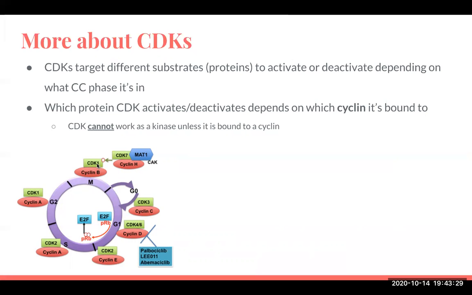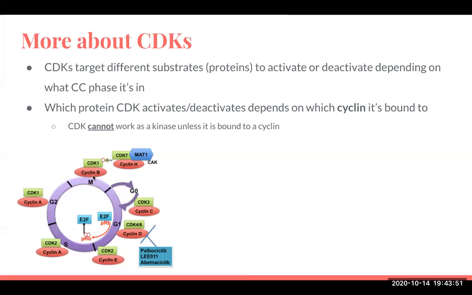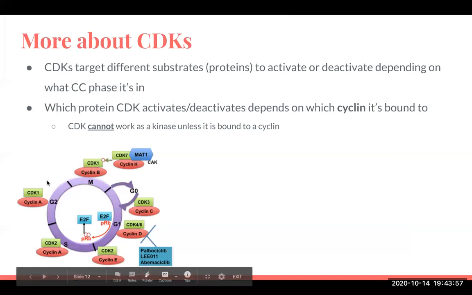But when CDK is bound to cyclin B, for instance, CDK and cyclin B together can start phosphorylating or dephosphorylating all of the proteins relevant in the M phase. However, CDK and cyclin B can't do anything in the G2 phase or the S phase. So which cyclin CDK is bound to determines what it will be regulating in that particular phase.